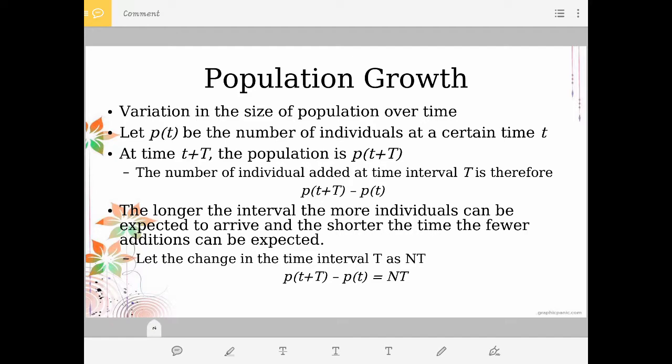If we let the population P be the number of individuals at a certain time t, then P is a function of t. P varies with time.